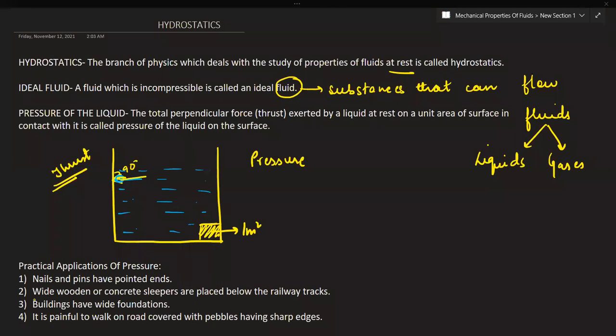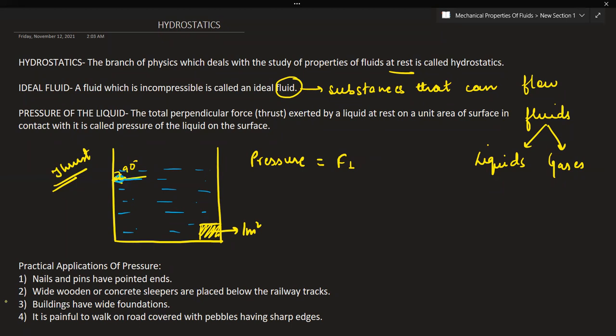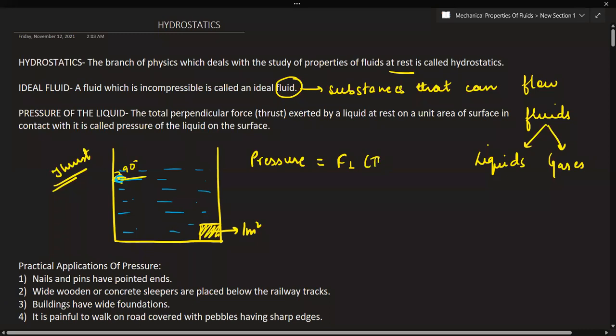So pressure would be equal to perpendicular force, that is thrust, per unit area. That quantity is known as pressure.